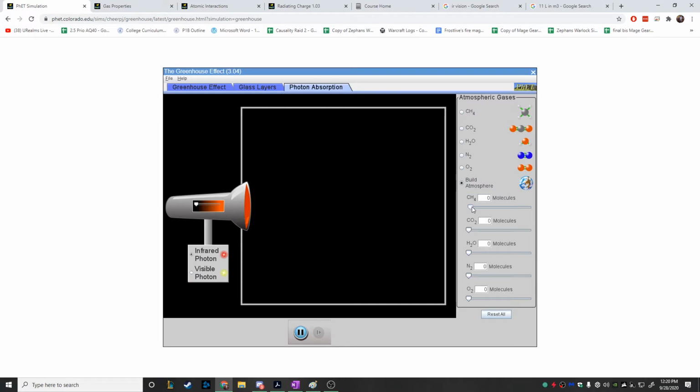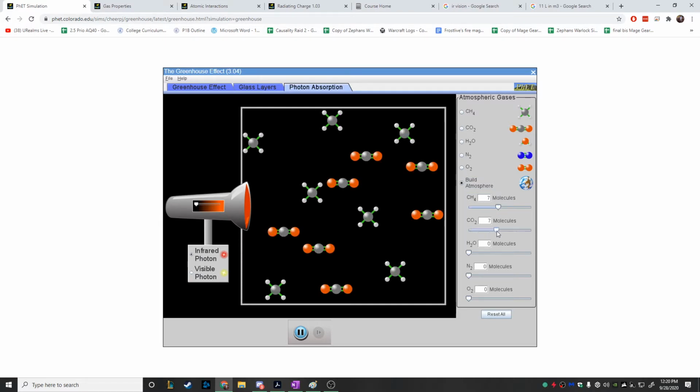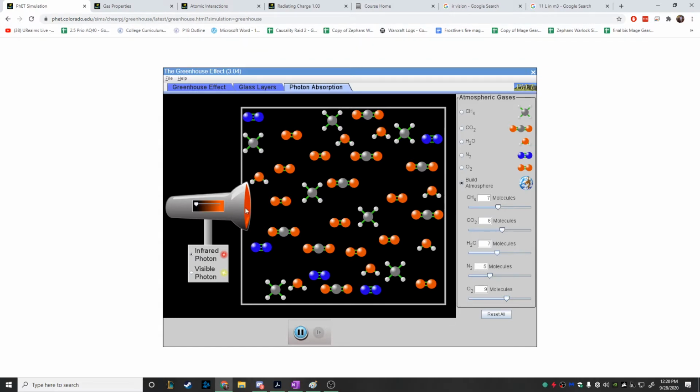So now the next thing we can do is we can actually make an atmosphere here. We can put a bunch of CO2, we can put a bunch of oxygen, maybe some nitrogen, maybe a little water. And then we can force this thing to start emitting photons.